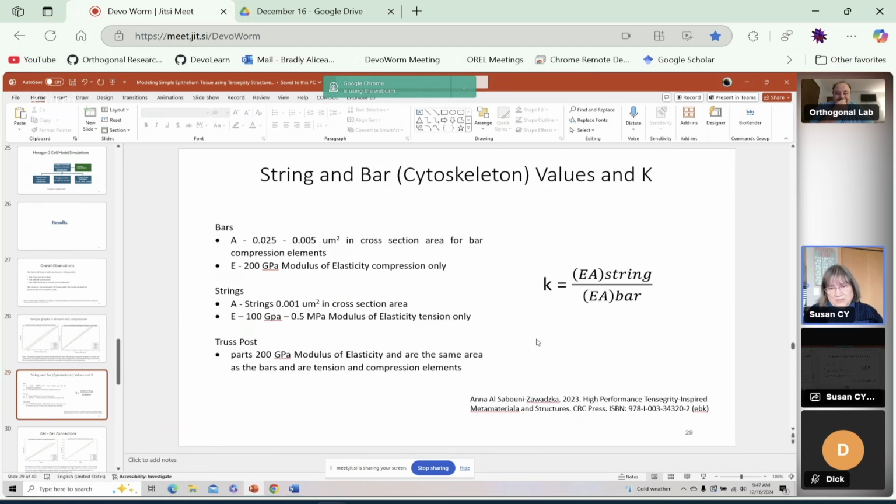But if you're using atomic force microscopy, that's what you get. If you make the strings 0.5 megapascals, as though it was elastin, that's the value of elastin in a cell.